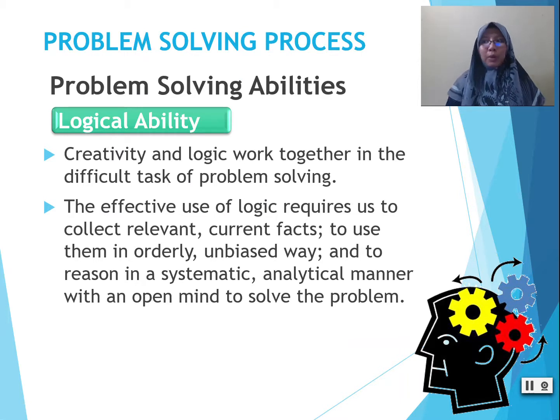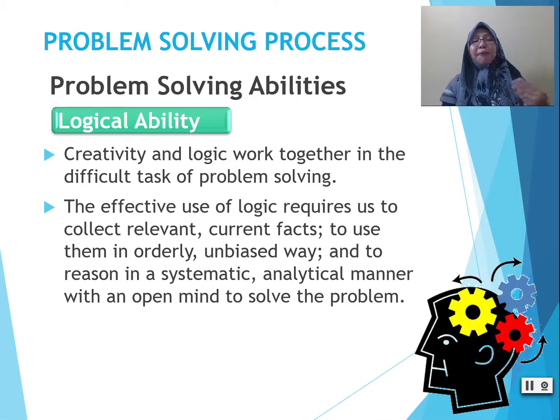Okay, and the last one. For the technique, the second one is logical ability. The first one is creative, the second one is logical ability, and the last one is intuitive ability. So number 2, logical ability: creativity and logic work together in the difficult task of problem solving.